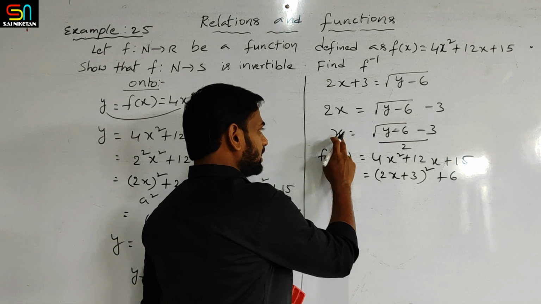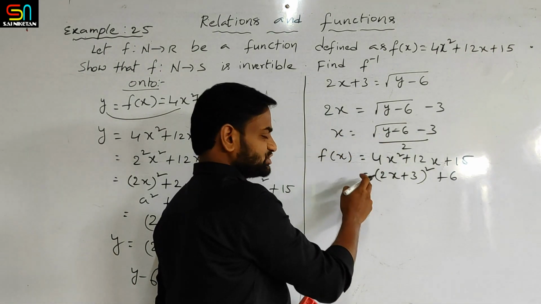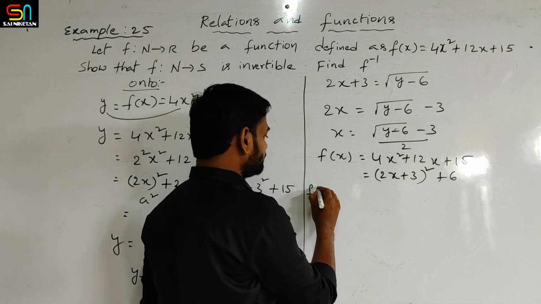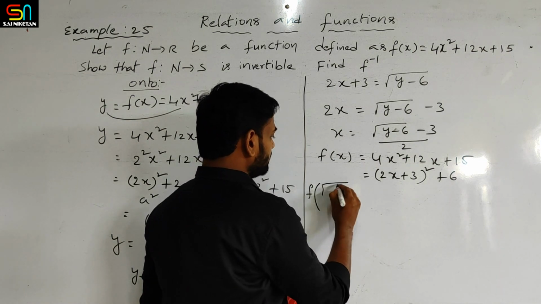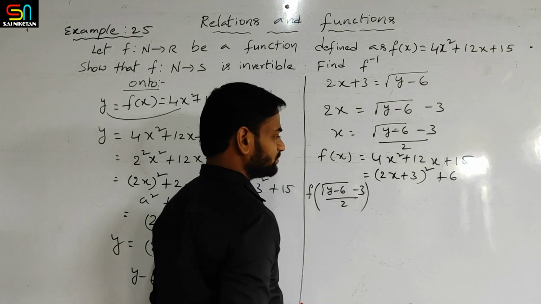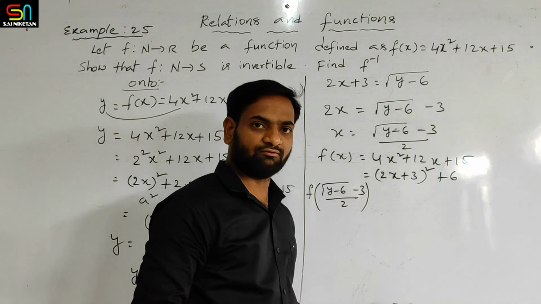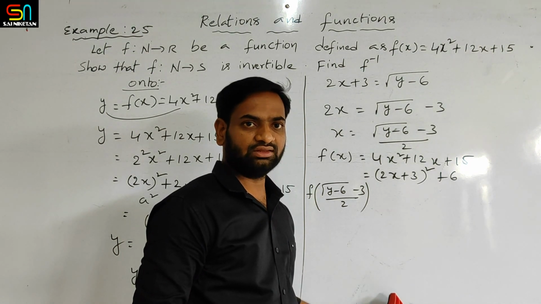Now here, you already got the x value. Substitute this x value in this function, that is f of (root of y minus 6 minus 3) by 2. After substitution, the answer should be y. Then you can say this.